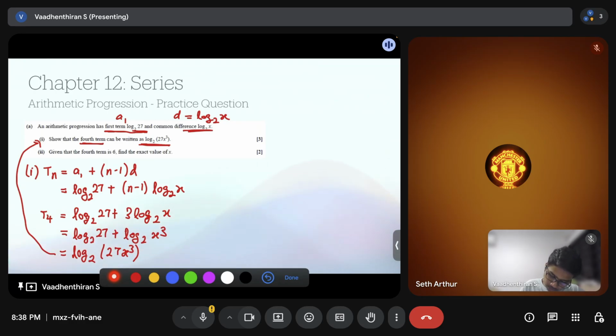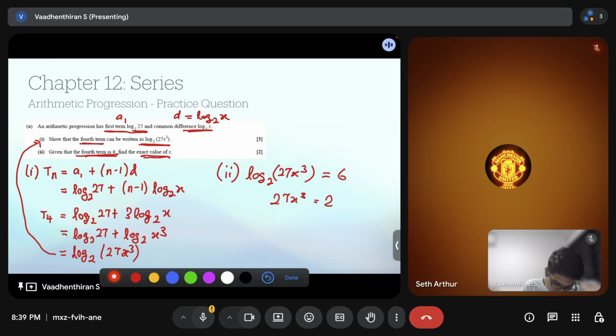So given that the fourth term is 6, find the exact value of x. So part 2 is straightforward. Log 2 of 27x cubed is equal to 6. So then you make 27x cubed equal to 2 to the power 6. x cubed will be 2 to the power 6 over 27, which is 64 over 27.